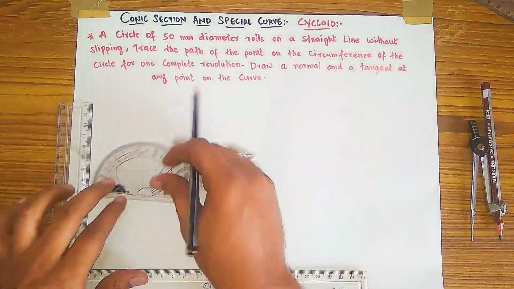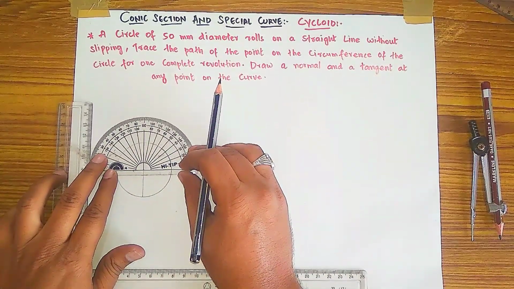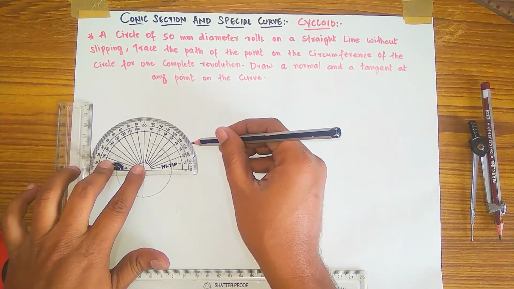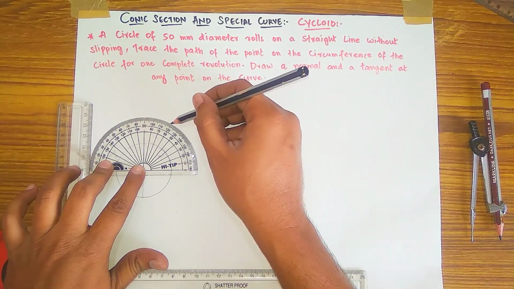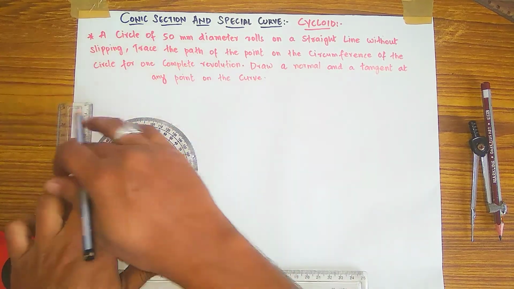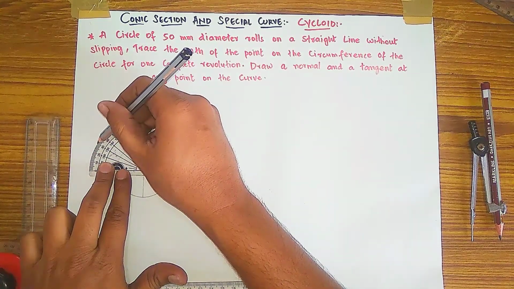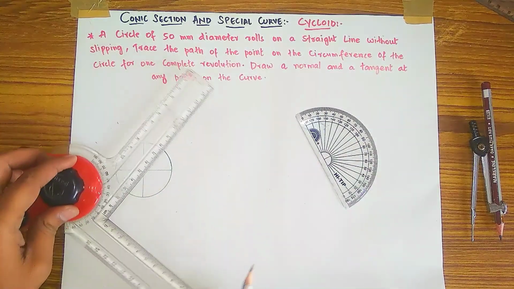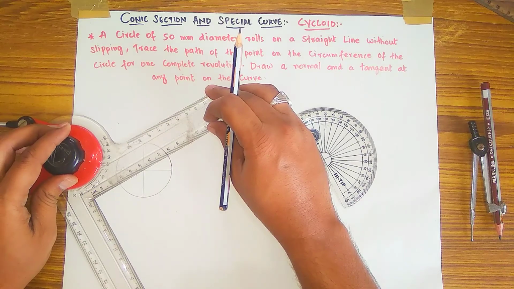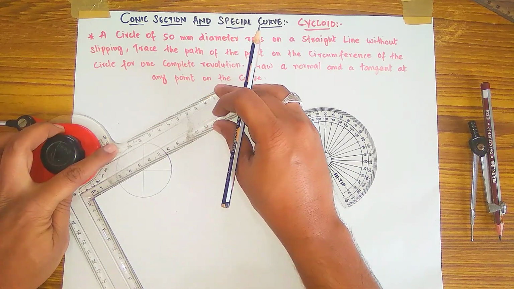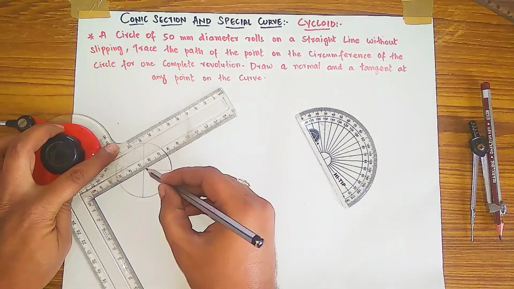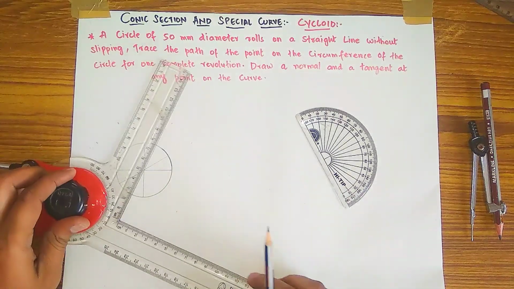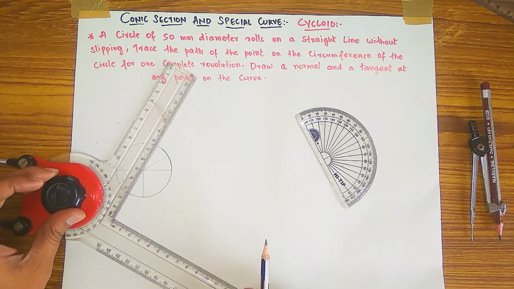Now take your protractor and keep it on the middle of the circle, at the circumference. Take 30 degrees from here, put a dot, and at 60 also put a dot. Okay, and from here the same 30 degrees and 60 degrees. Then adjust your scale on the dot and circumference and draw a diagonal like this in the circle, and the same for the other points also.